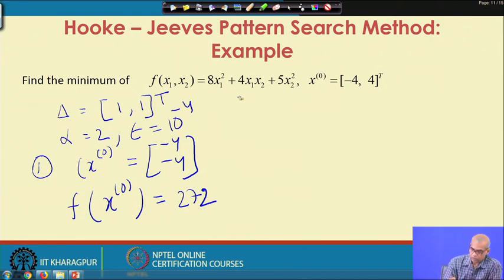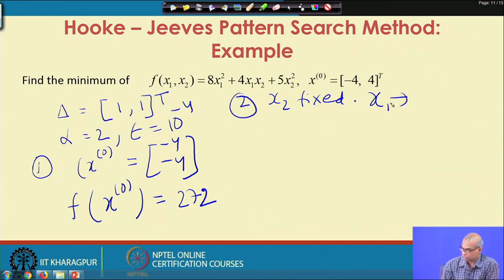Now, we will perform univariate search. So, let us keep x 2 fixed, and change x 1 as -4 plus 1, which is -3.